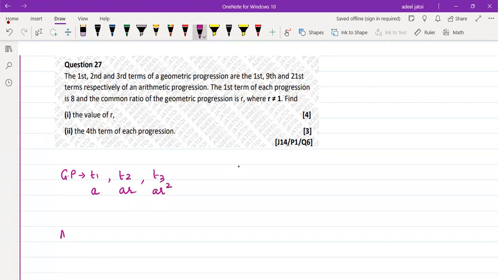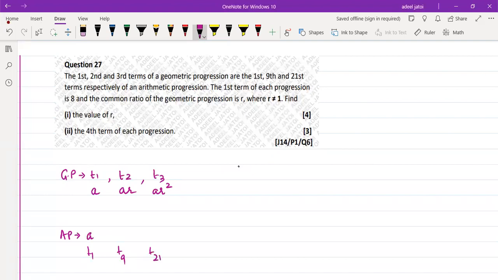Similarly in the AP, the first, 9th, and 21st terms are term 1, term 9, and term 21.